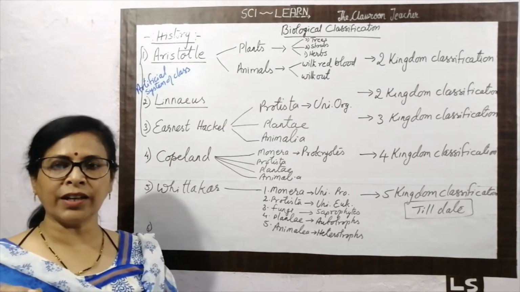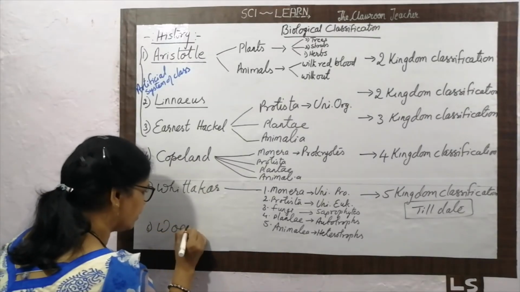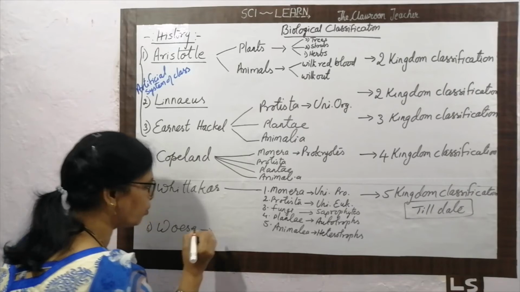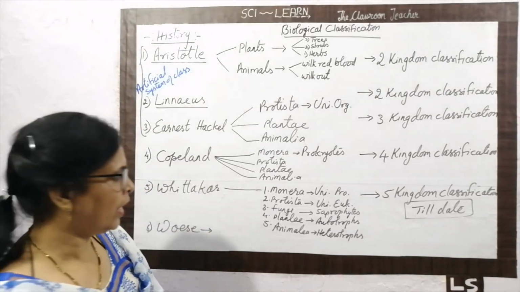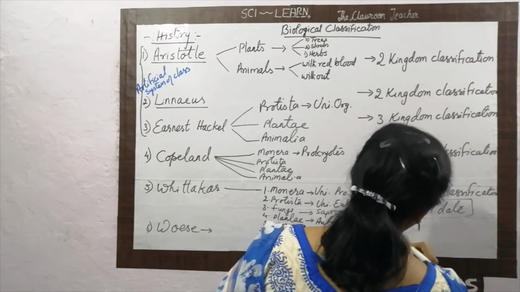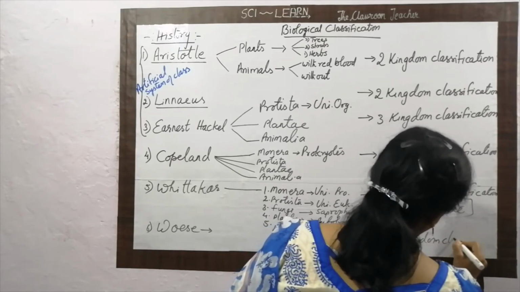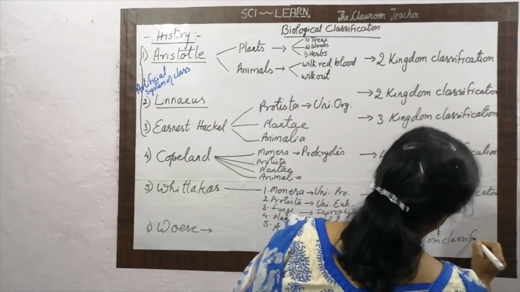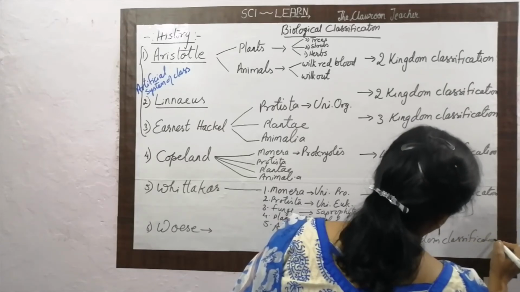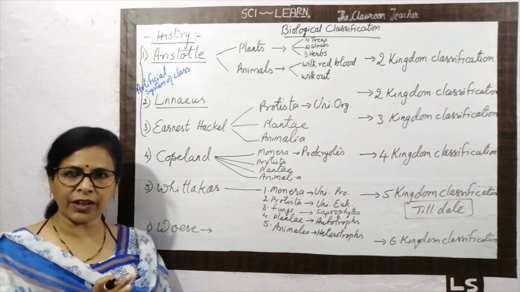One more classification was proposed by Humes. The person called Humes proposed one more classification, called the six kingdom classification. What occurs in the six kingdom classification?